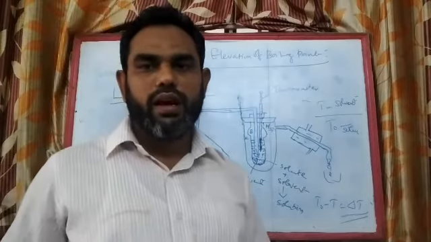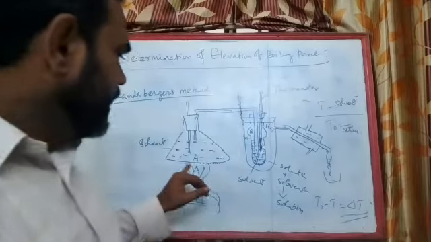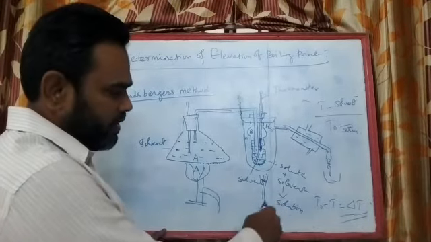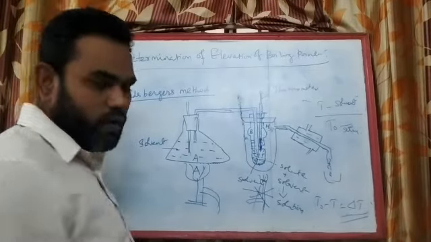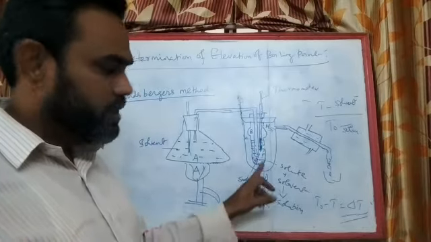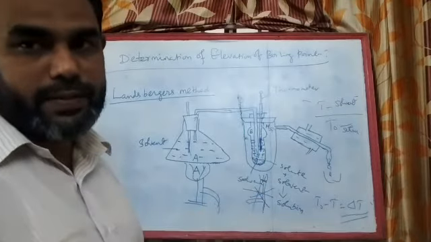You might now ask me a question as to why we heat up the solvent here. Why not we directly heat the solvent this side? But this is to be avoided, because when you heat the solvent or solution directly, superheating takes place.